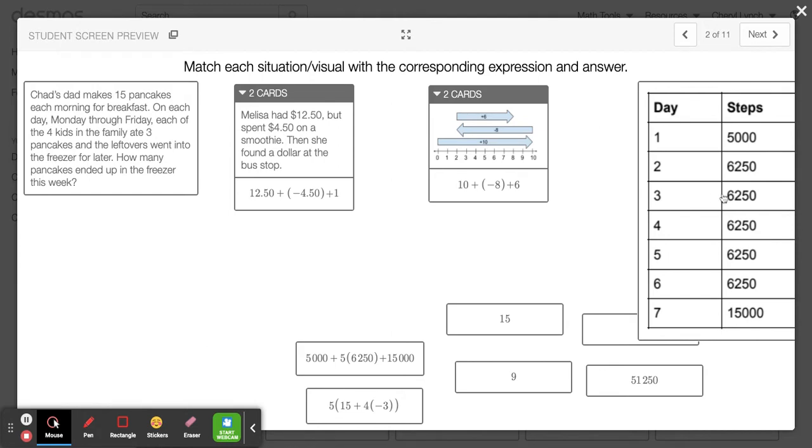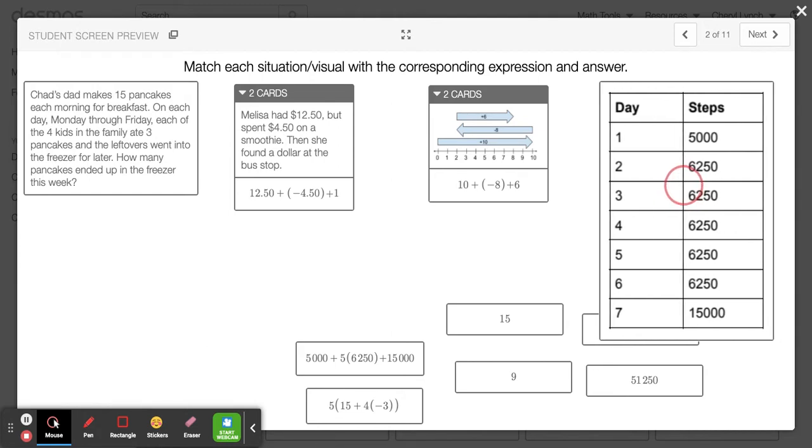Okay, let's look at my steps. So in this one, let's look at what's going on. I have days and I have steps. I start on day 1 with 5,000 steps. On day 2, I'm going to walk 6,250 for 1, 2, 3, 4, 5 days in a row. And then day 7, I just kill it with 1,500 steps.